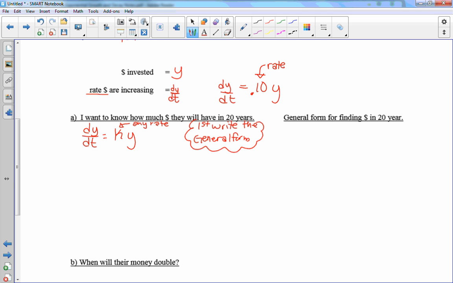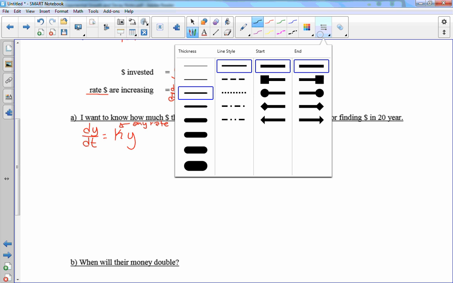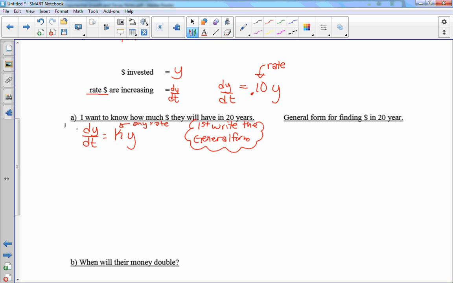Okay, close. Why do you want to move dt over? So you move dt over. Once you do that, times by dt, great. With dy by itself, we have ky dt.